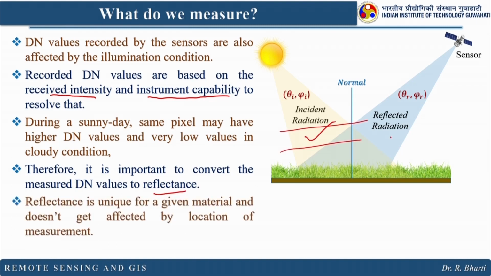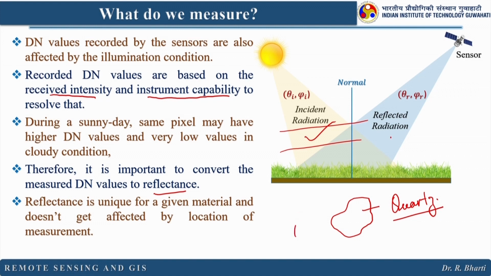Reflectance is a unique quantity for a given material and does not get affected by location of measurement. I hope you are comfortable with some geological words like quartz. Quartz is a mineral. Or let us take the example of a particular tree, right.